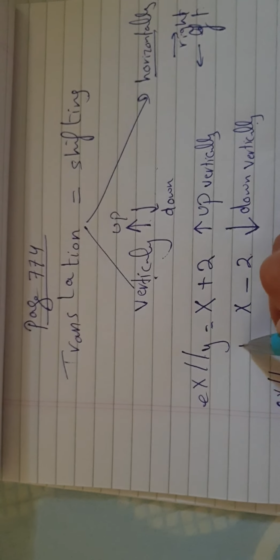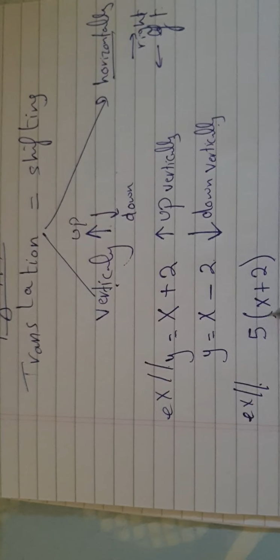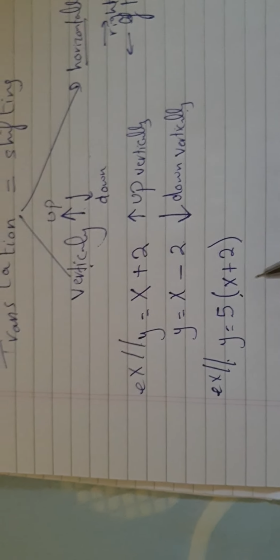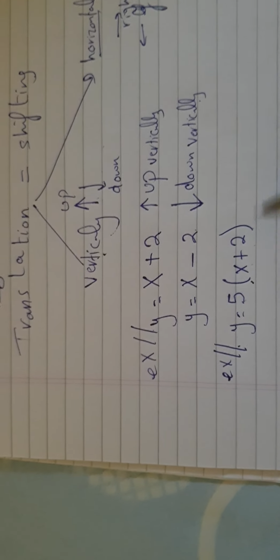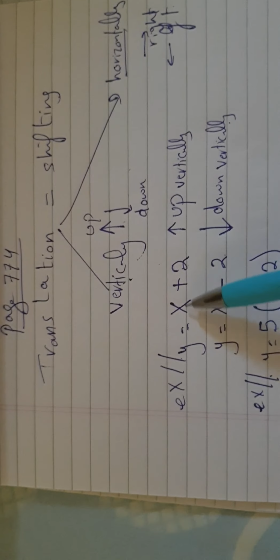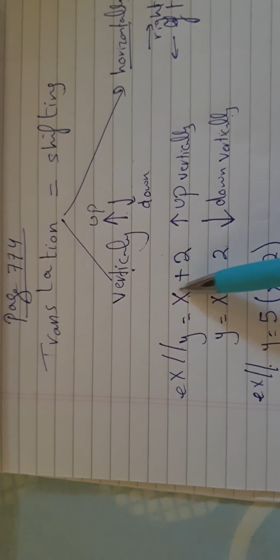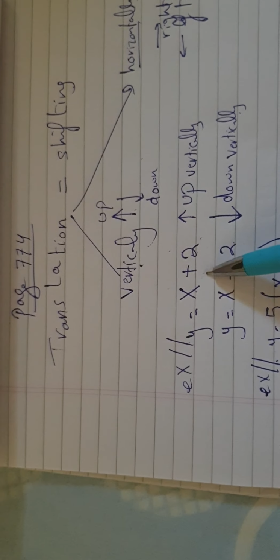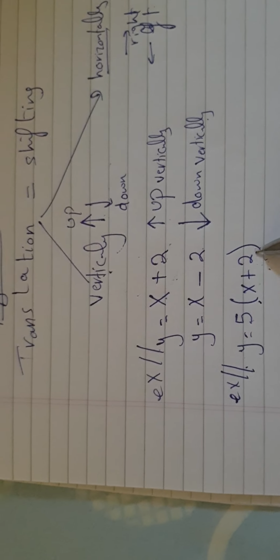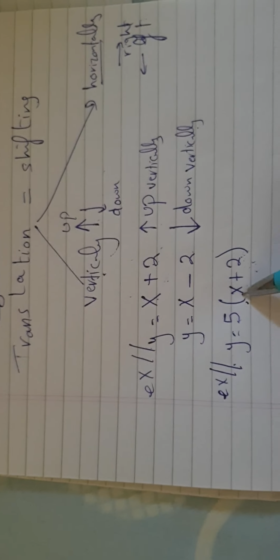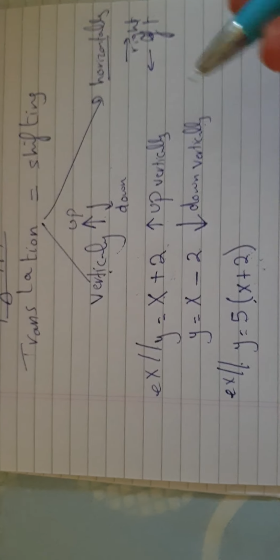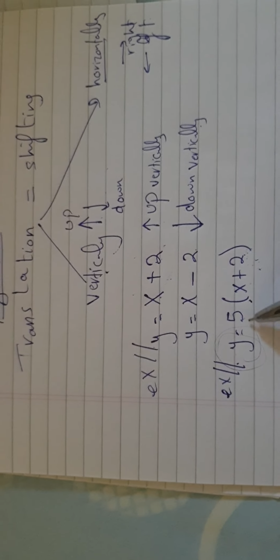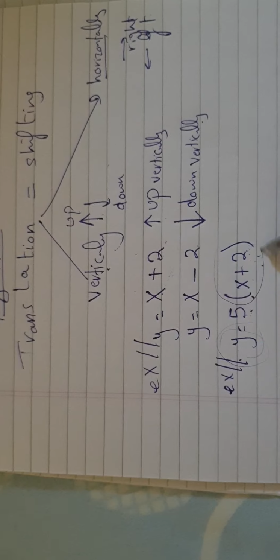Here of course you understand that this is y equals x plus 2, and here y equals x minus 2. Here y equals 5 times (x plus 2). In the first case, x is x, and to this x you are going to add 2. That's why it's up. Here, girls, the plus 2 is for the x itself, which means y is 5 multiplied by all of this.